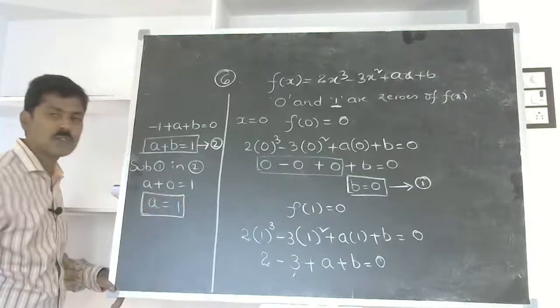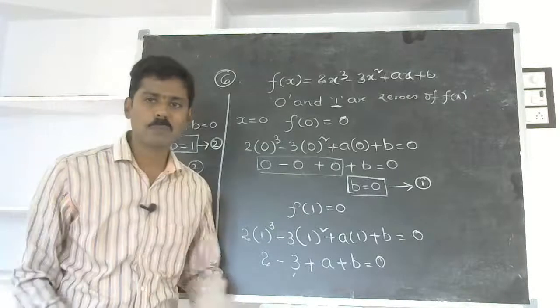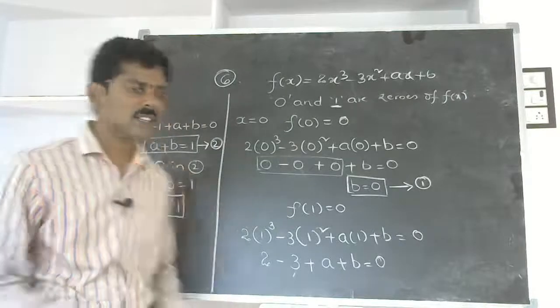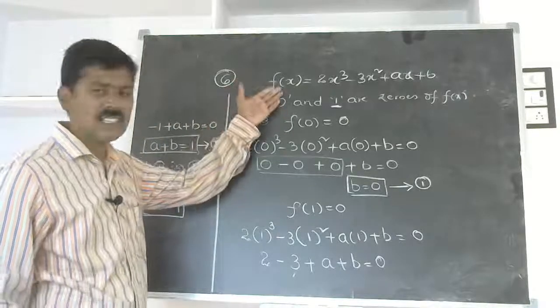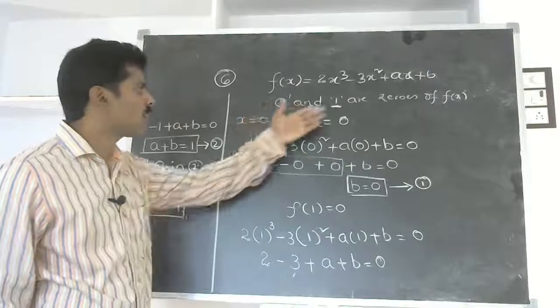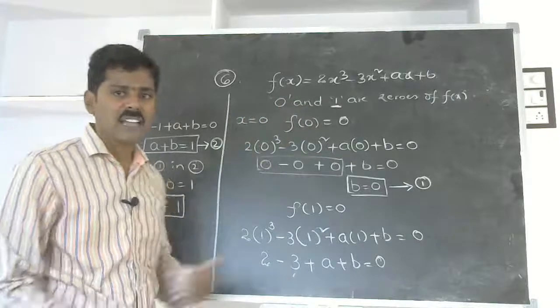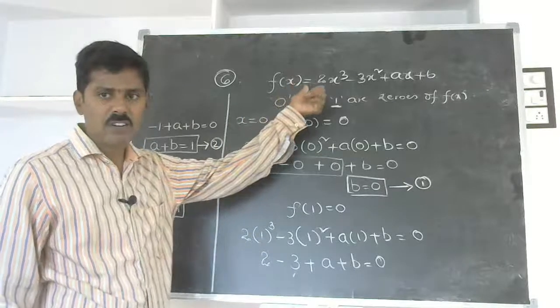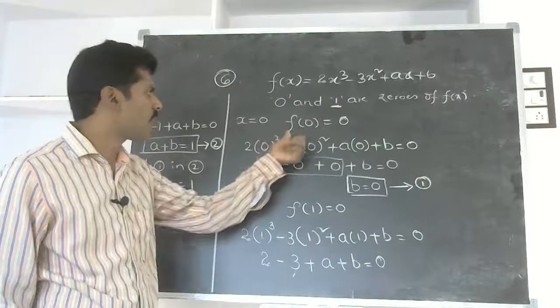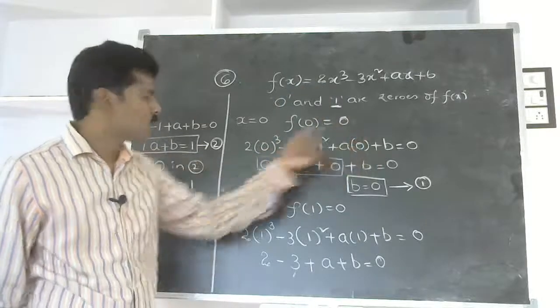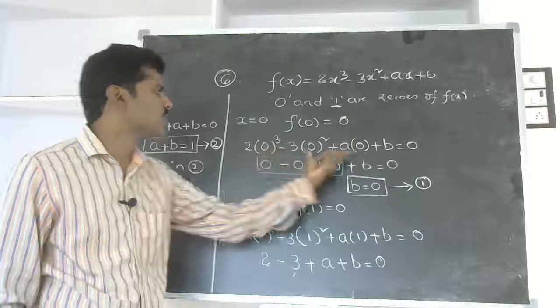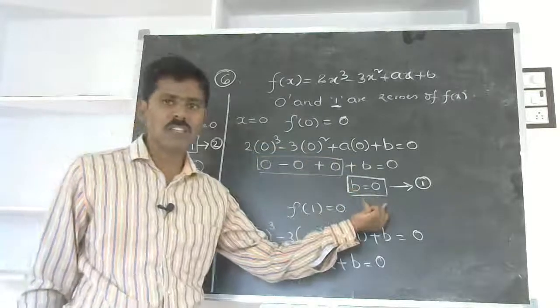So I got the values of a and b in a very simple way. How did we get that? First I take f of x as it is, and 0 and 1 are the zeros of the polynomial. Hence in the place of x, I have taken 0, f of 0 equals 0, so I got the value of b is 0.